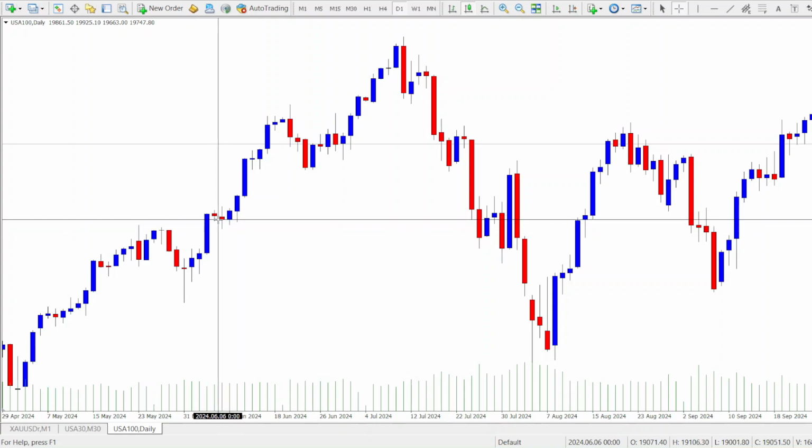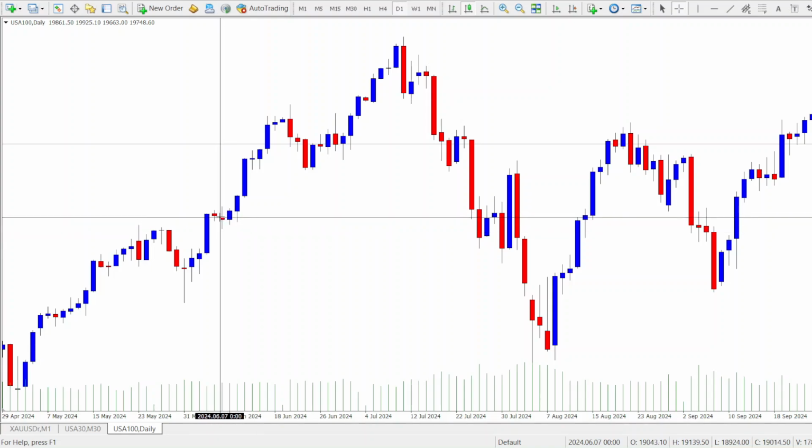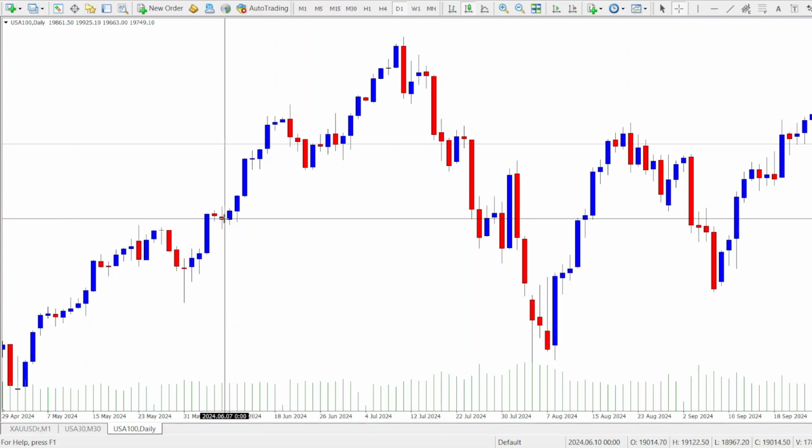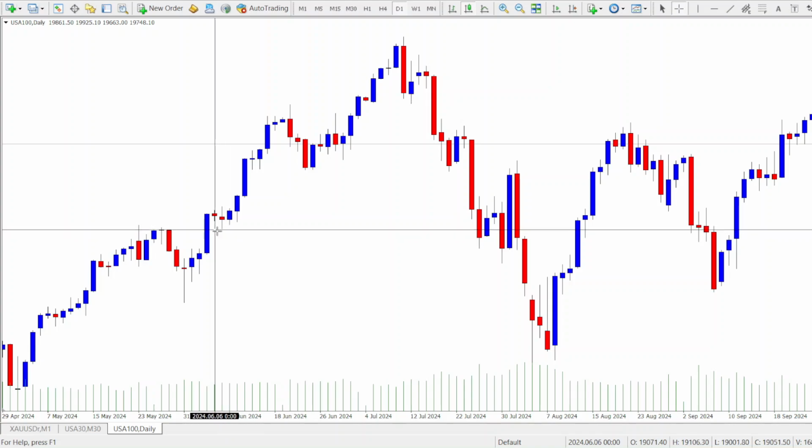For example, this is another standard doji. We can see that the body of the candle is somewhat in the middle. The open price and the close price are not far from each other. That is the standard doji.